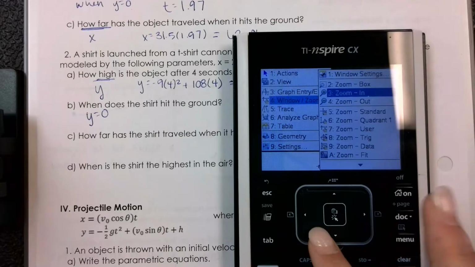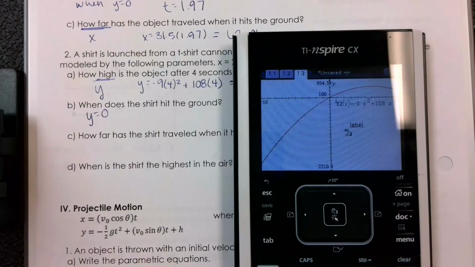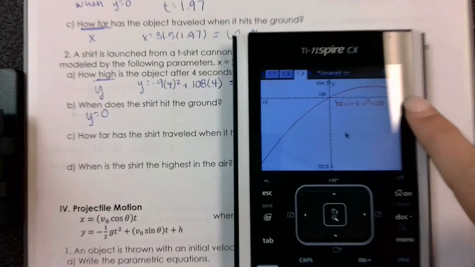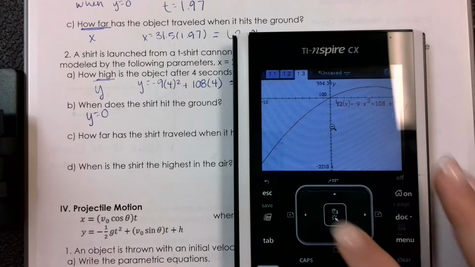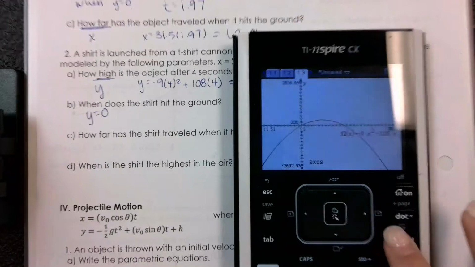Zoom fit doesn't always work. Sometimes it works really nicely, so it's just kind of a gamble. So it did a little bit, but it went so far down, we don't need all that. We need the 0 over here, so you're going to have to zoom out a bit more. Then once you can see your zeros, you can analyze your graph for those zeros. Does that make sense? So do that.